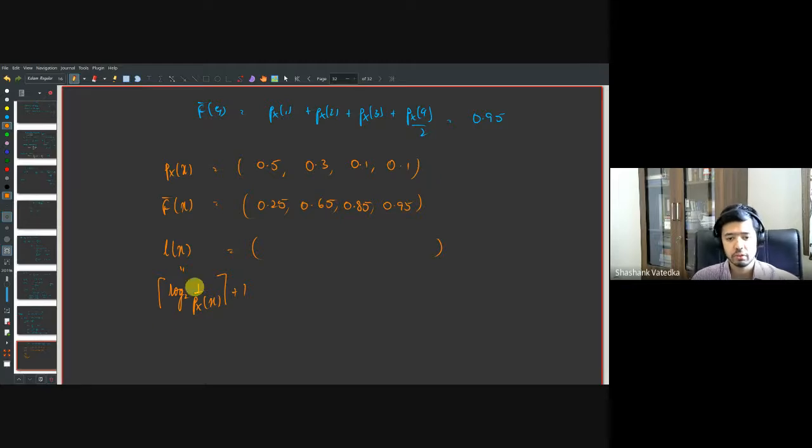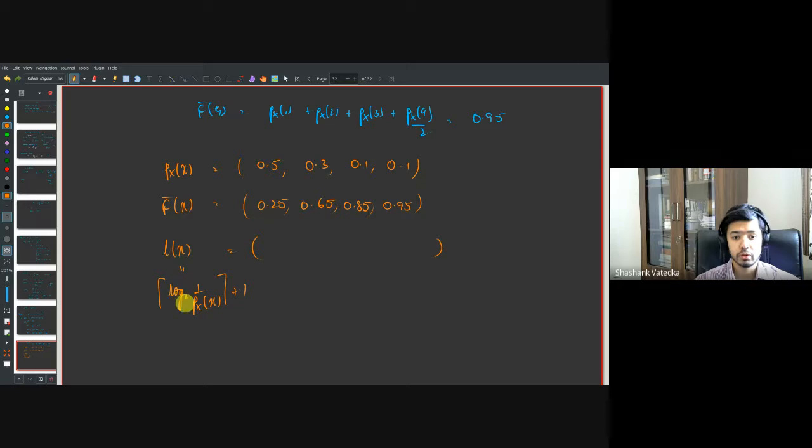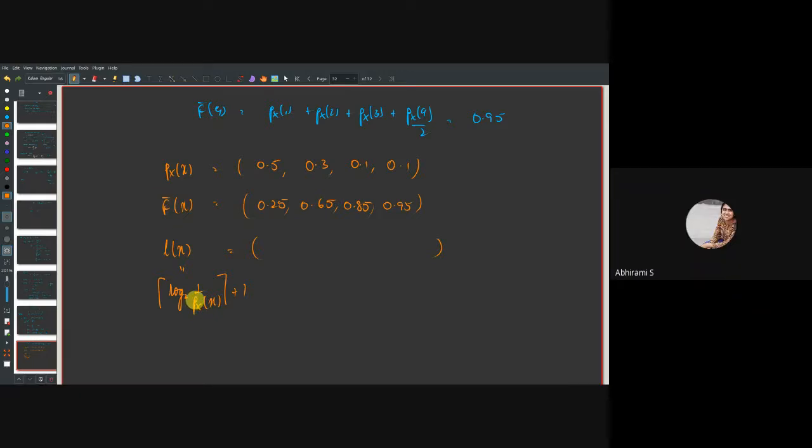It's ceil of log 1 over p of x, plus 1. You have to compute log 1 over p of x, not log 1 over f bar of x. Okay, sorry.